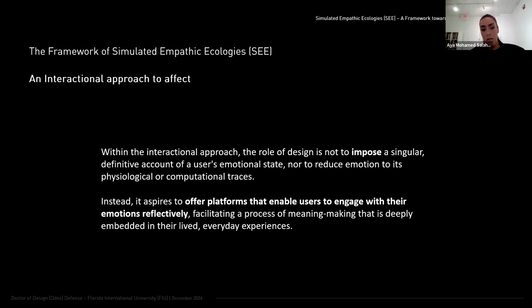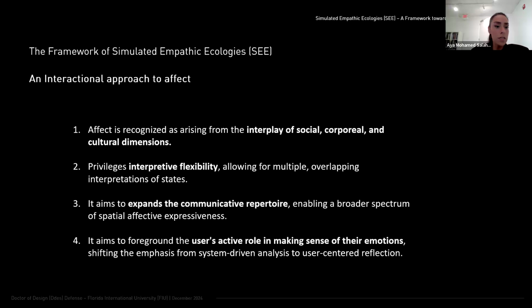But within the C environments, I see that as a merge between the informational approach and the interactional approach, which also gives the occupant more agency to engage in this kind of emotion meaning-making with the environment.